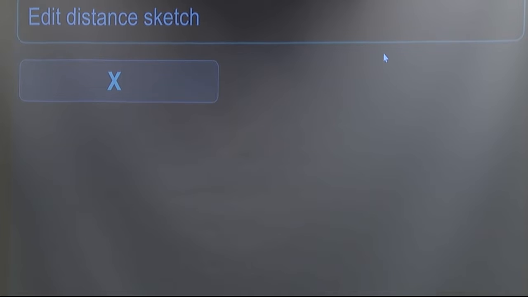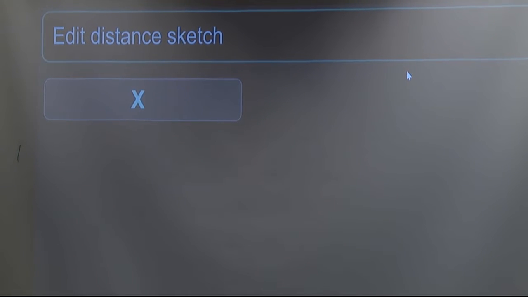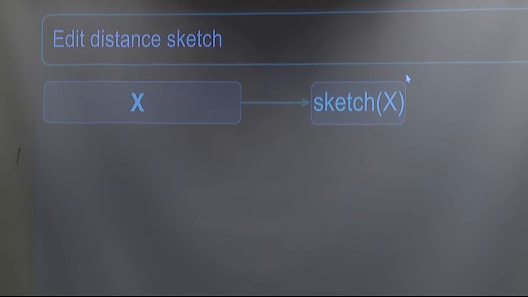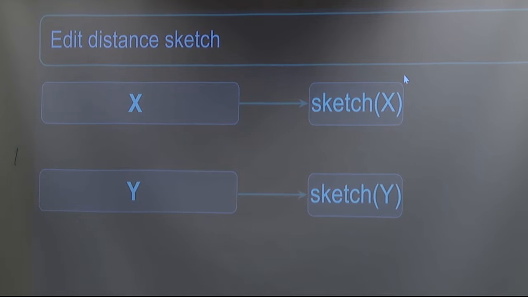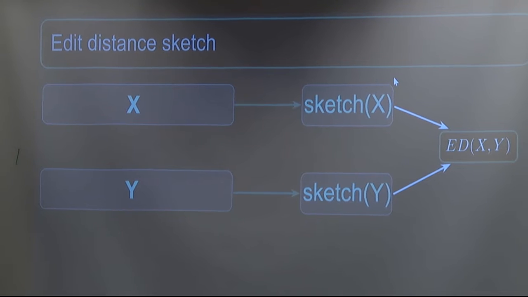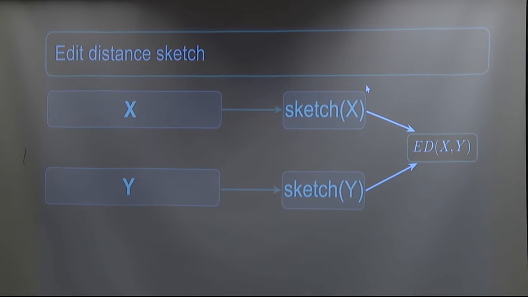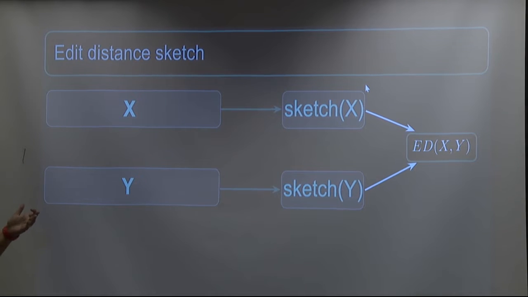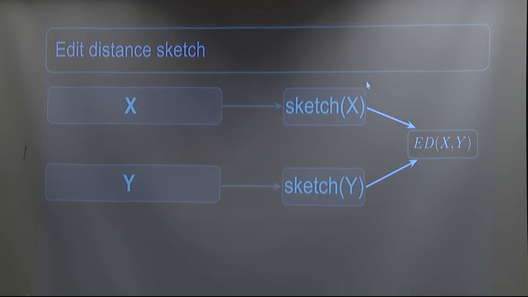So what is a sketch? Given a string x, you construct a smaller object which is a sketch of x, and similarly you do the same for y. From the sketches of x and y, you have to compute the edit distance of x and y. For some applications you also need to recover the positions where there are edit operations.